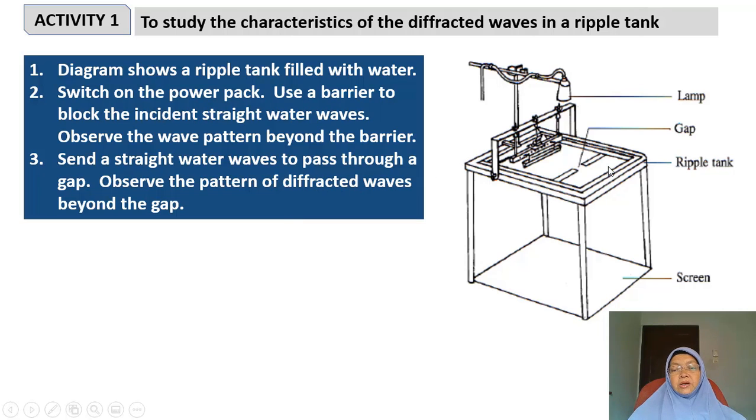Okay, we have the straight dipper, which will produce a straight wave, a plane wave, which passes through the gap, and we will observe the pattern of the wave after passing the gap.